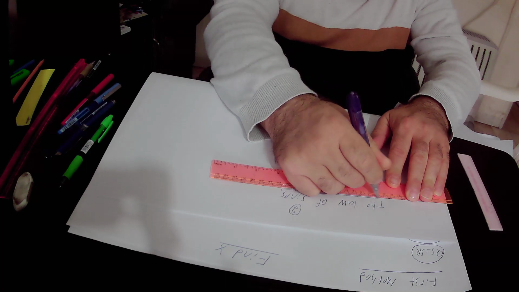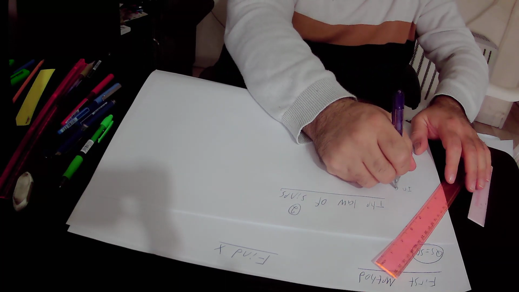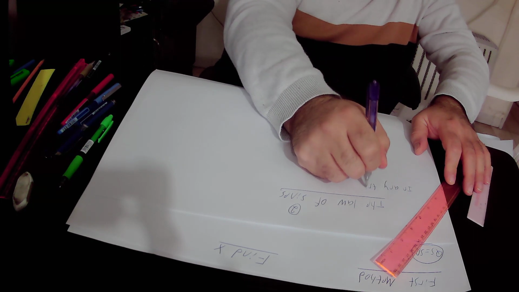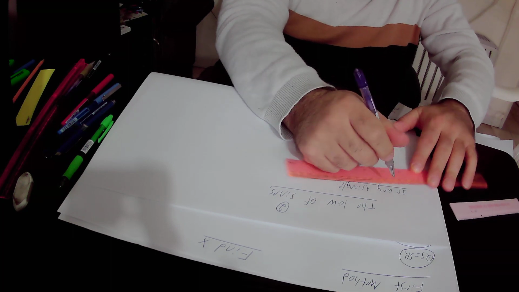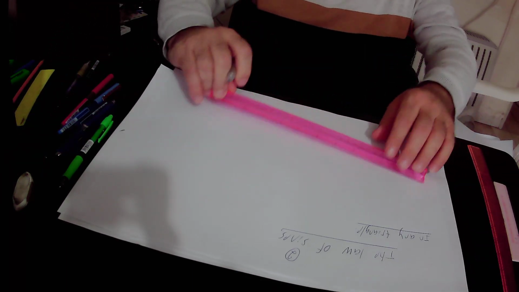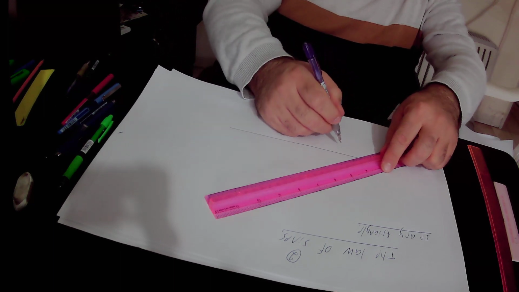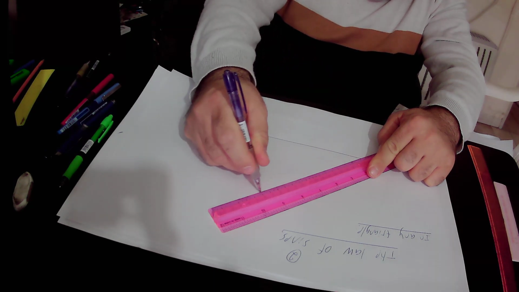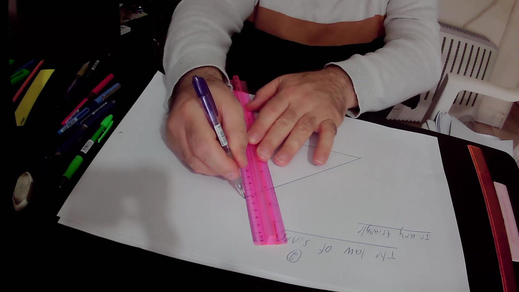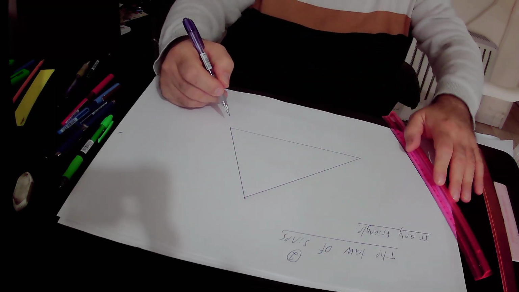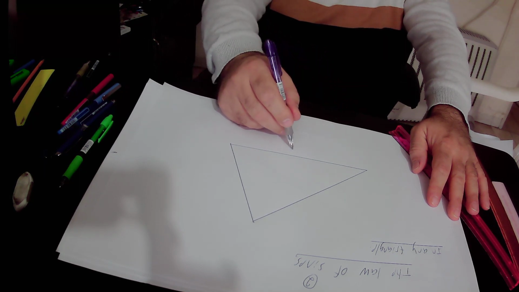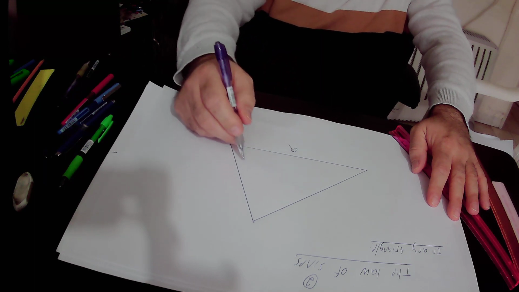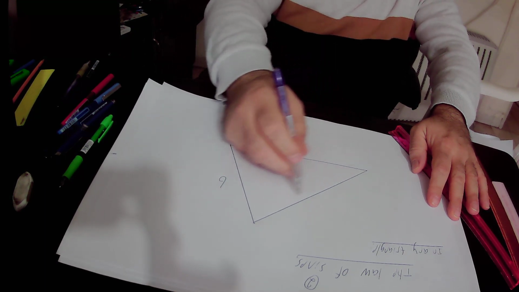So you can write down that in any triangle, if we have a triangle, we know that the length of this side is A units, the length of this side of the triangle is B units, and the length of this side of the triangle is C units.